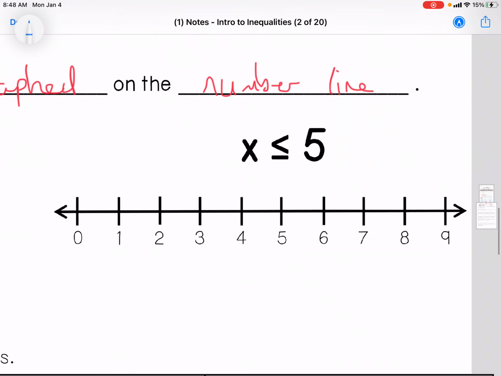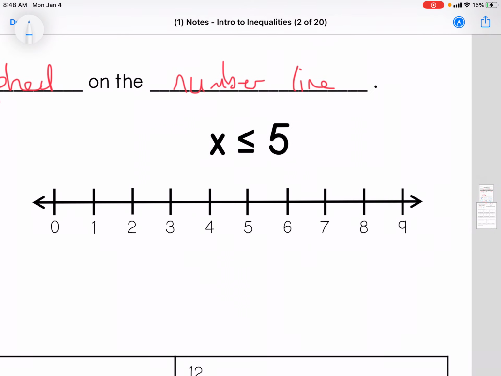Okay, so x is greater than or equal to 5. So x can be any number less than, I said greater than, so less than, excuse me. X can be any number less than 5. Any number smaller than 5. It can be any number in the world. But it also can be 5. So it's going to be filled in to let us know that it can also be 5.